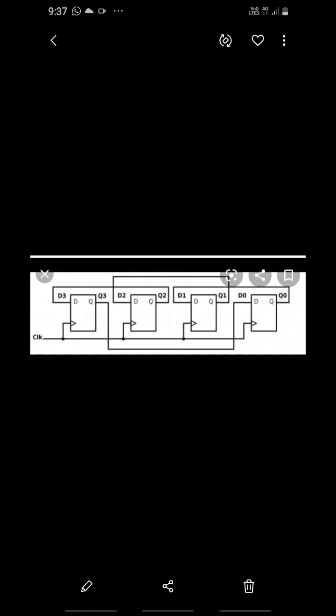Therefore Q0 is equal to 0, Q1 is 0, Q2 is 1 and Q3 is 1, or Q0, Q1, Q2, Q3 is 0, 0, 1, 1 after the second clock pulse.